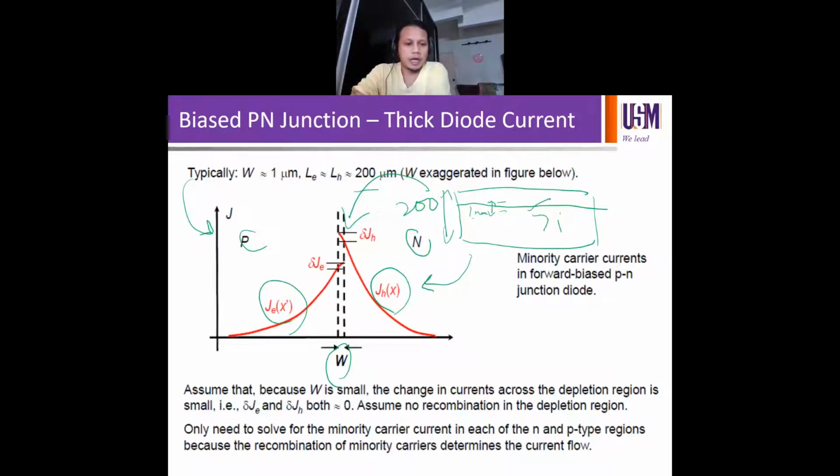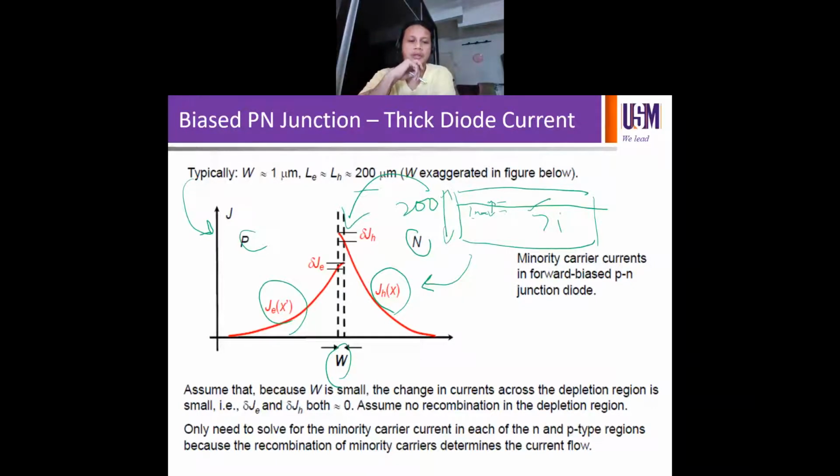Assume that because the depletion region is small, there is no change in current across the depletion region. The change of current in the depletion region is almost negligible. There is a small change, but very, very small, so we approximate the change in current as close to zero, because we are now more interested in the minority carrier currents in the quasi-neutral region on both the N side and P side.